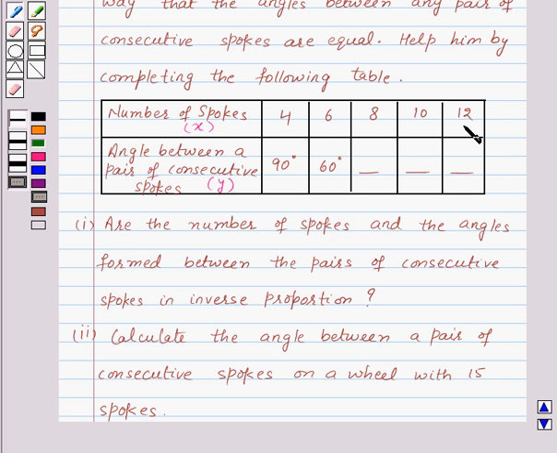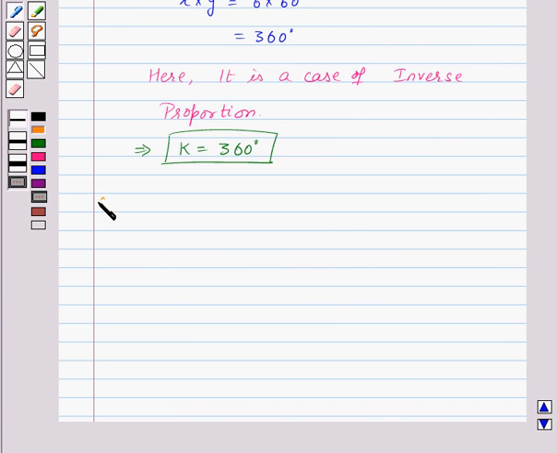Now in the next three cases, we are given the number of spokes and we need to find out the angle between a pair of consecutive spokes, that is y. So let us take this case first. In this, number of spokes is 8 and we need to find the angle, that is y. Let us take it as part A. Here x is equal to 8 and we need to find the value of y. And we know that x into y is equal to k, which is equal to 360 degrees.